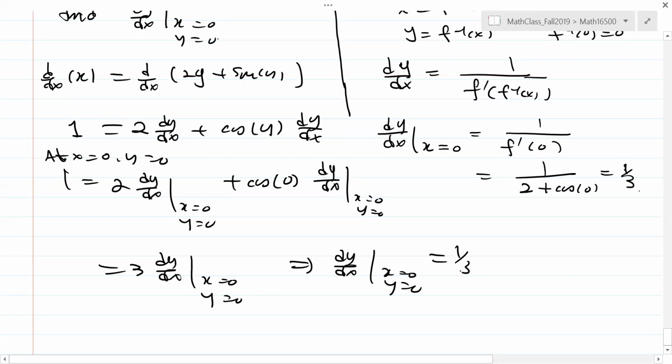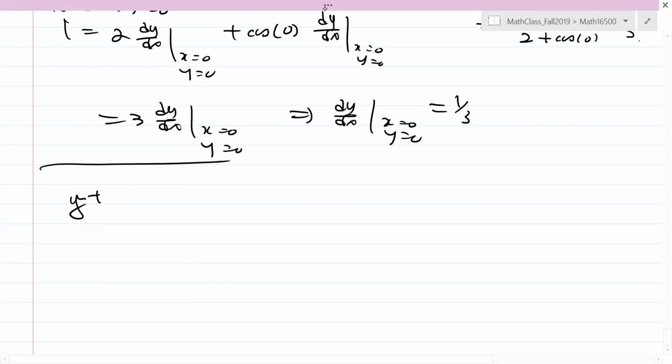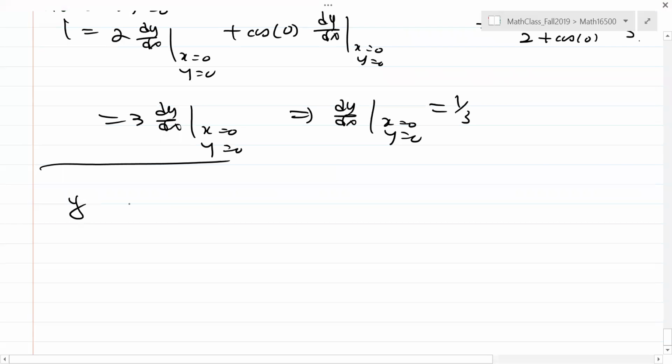So you can find the formula for the derivative of the inverse function using the implicit differentiation method. If y is the inverse function, this is the same as f of y equals x, right?